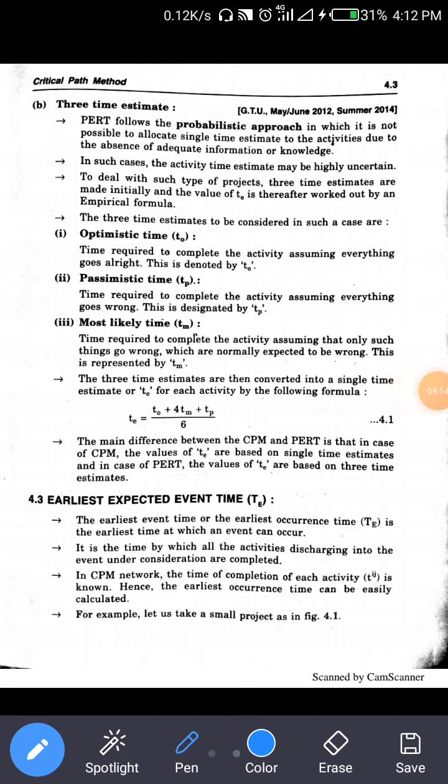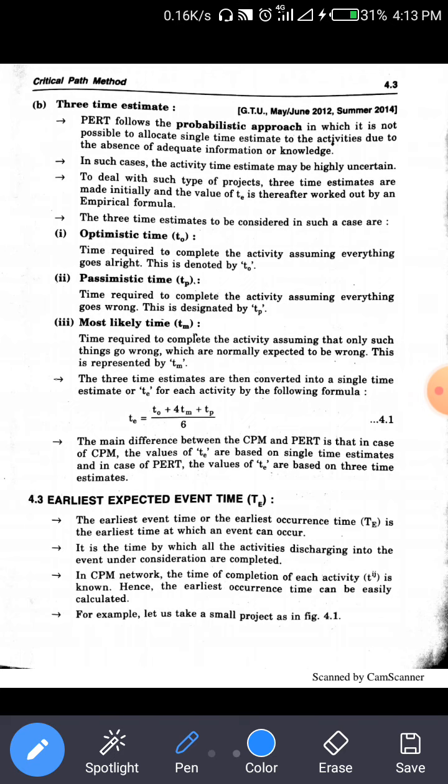The second is the three time estimate. This time estimate is generally used in PERT. PERT means program evaluation review technique, and PERT follows the probabilistic approach. Three times are given for a three time estimate in PERT: TO, TP and TM. So what is TO?